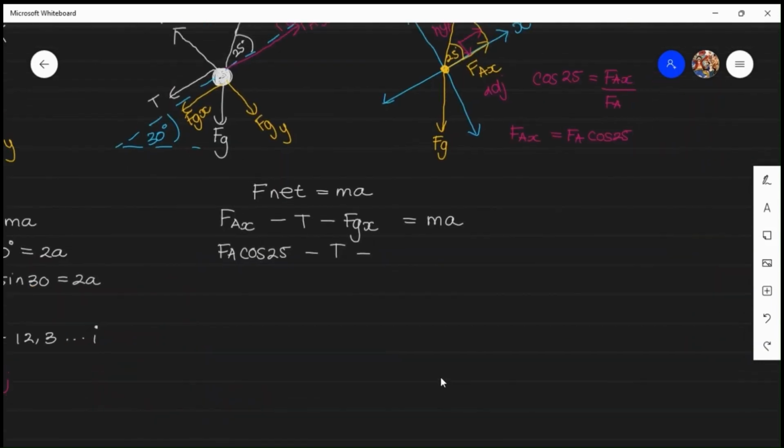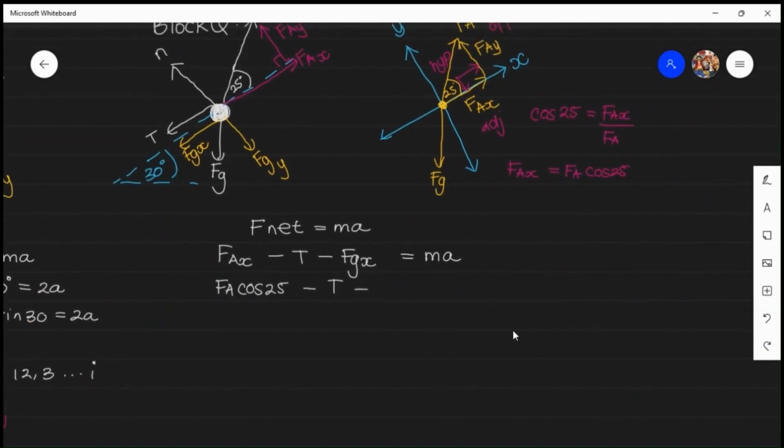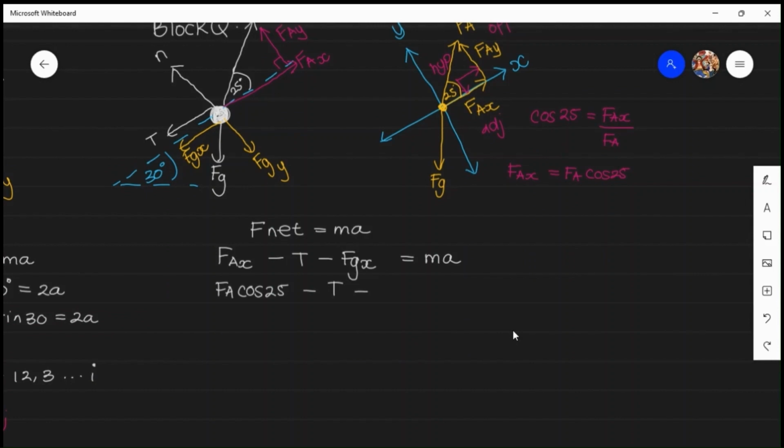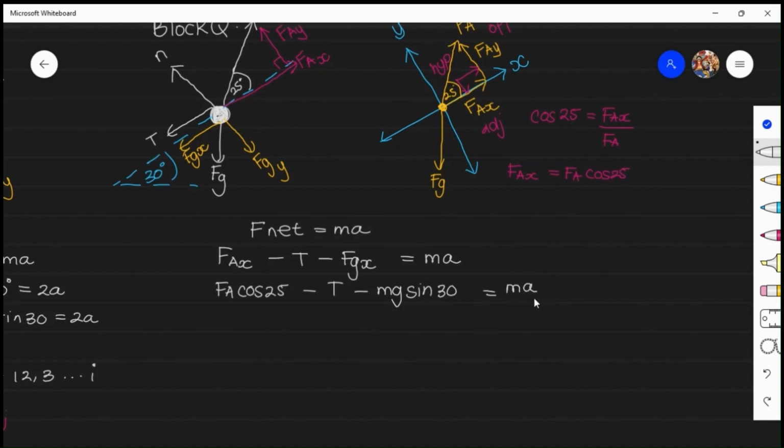You can even find the same thing if you were to break up this particular diagram that we have up here. It will give you the same end result. So that is going to be mg sine 30 equals MA.